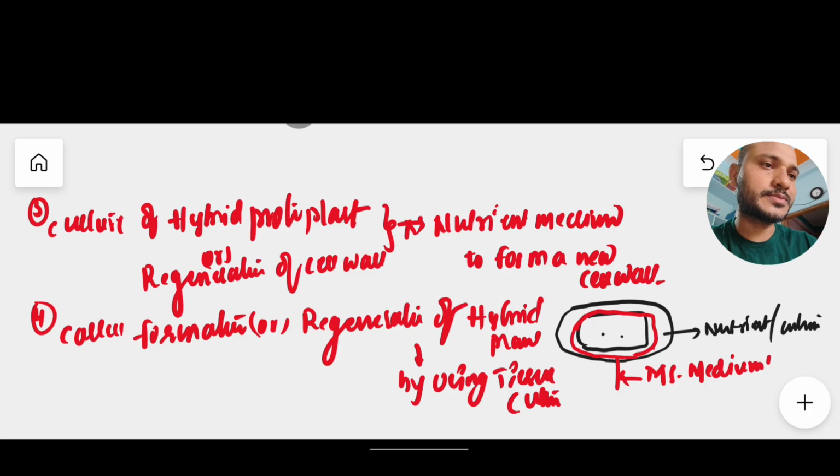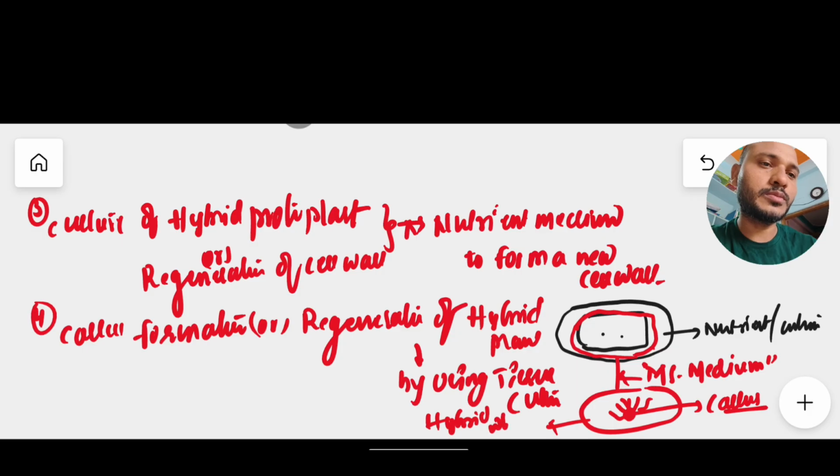In MS medium, the hybrid protoplast, the somatic hybrid, will undergo tissue culture, and there is a formation of callus, a mass of undifferentiated cells. From this callus there is development of the whole plant. Finally, we obtain a hybrid whole plant from this process.